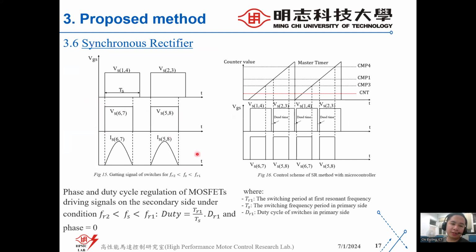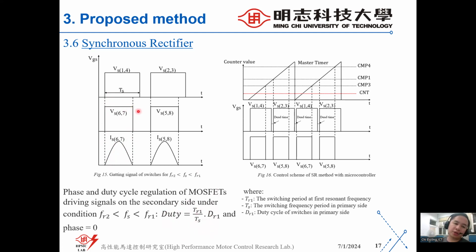Following our analysis, when S1 and S4 turn on, the current in S6 and S7 will also turn on, but we need to determine that S6 and S7 turn on at the same time.